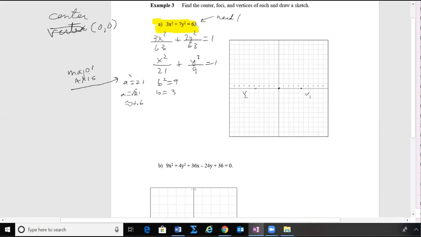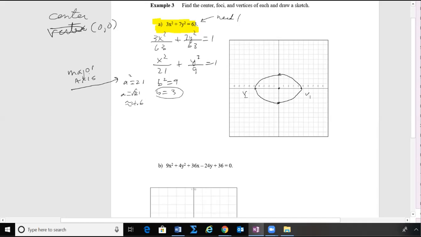Okay. Now the co-vertices are the ones on the minor axis, and we can see that they are 3 units above. So you have one here and one down here. Those are the co-vertices. So we now just try to connect smoothly, and there is your ellipse.